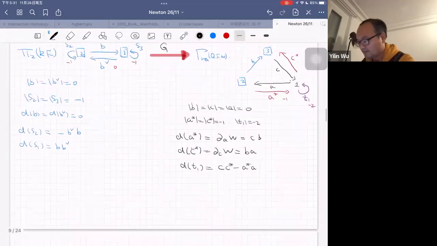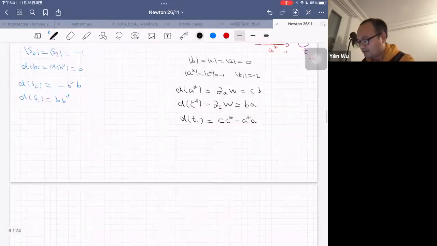This is the first example, and then let me give the second example.